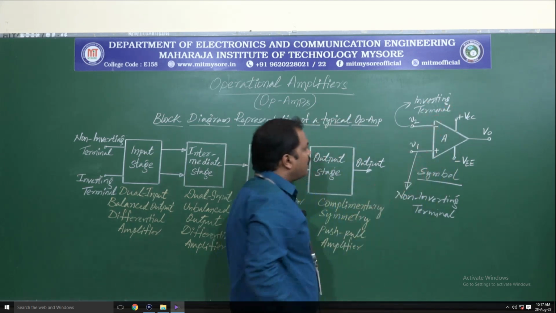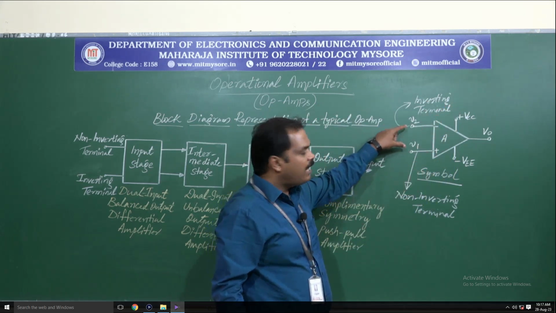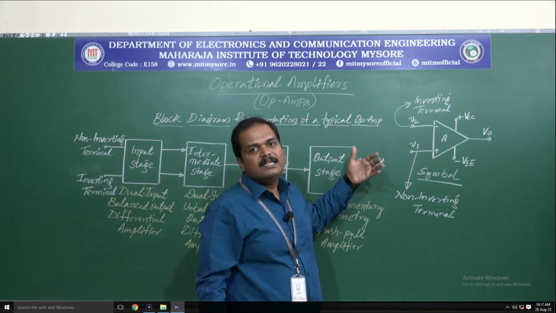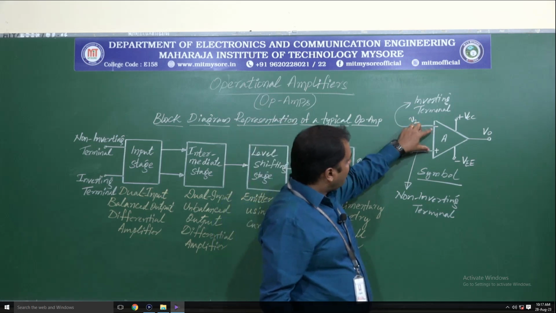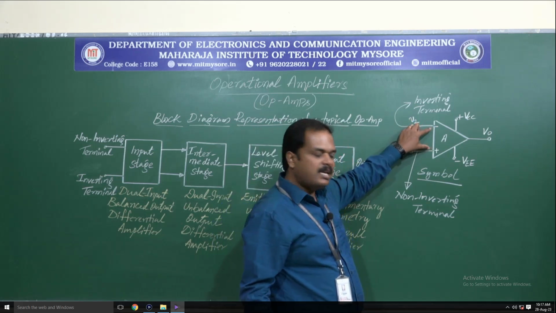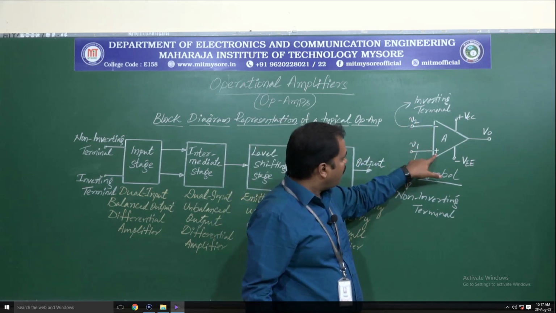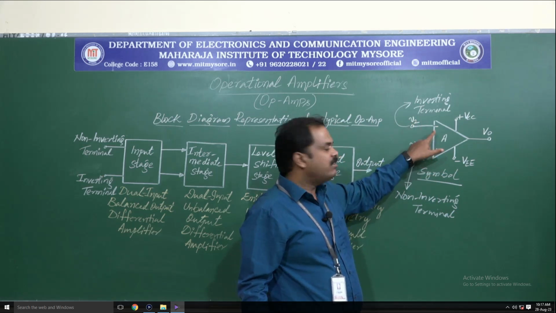These are the input terminals where we apply the input signals to be processed.